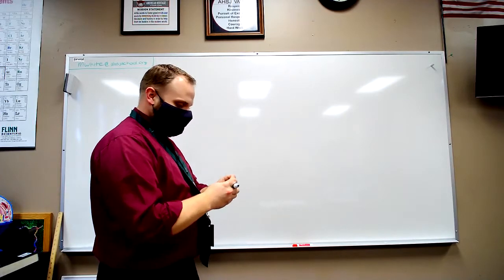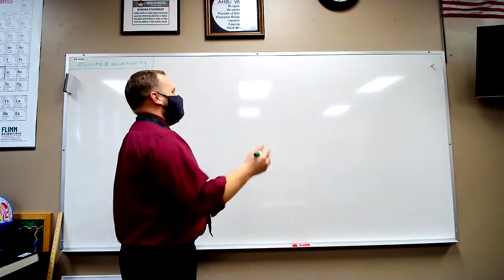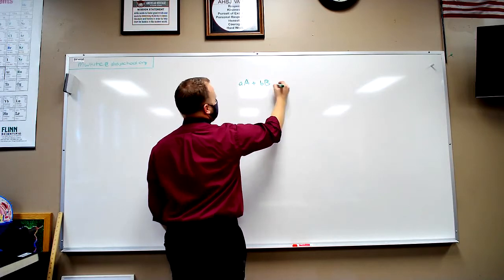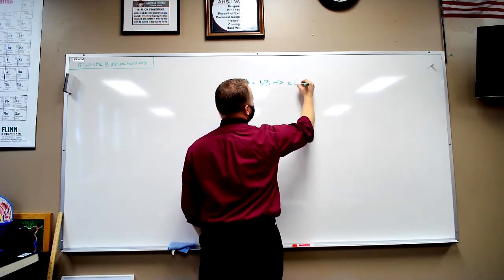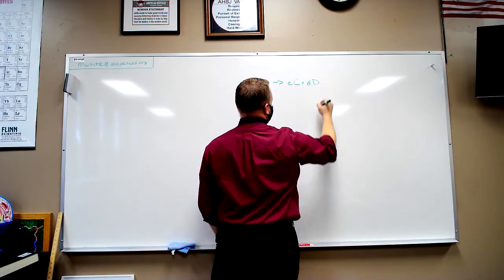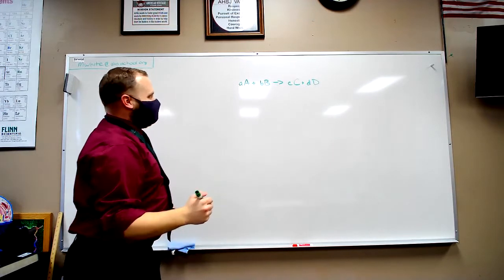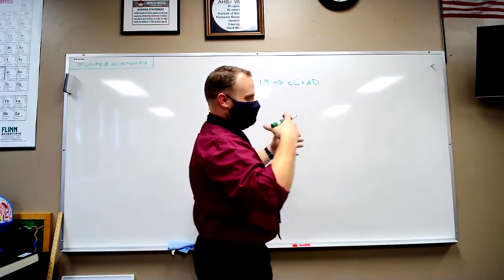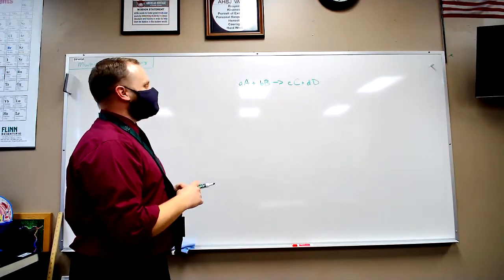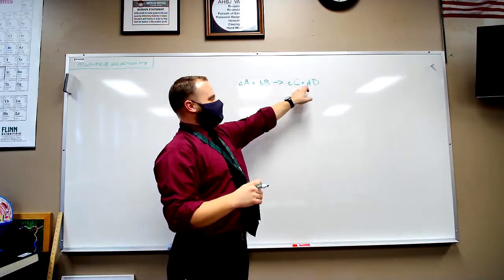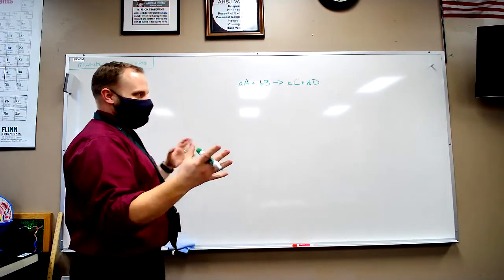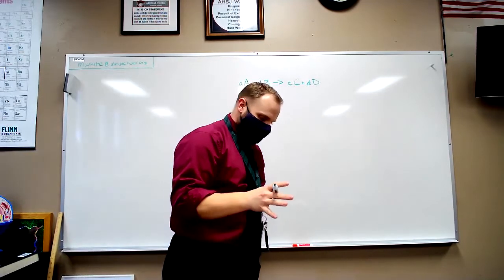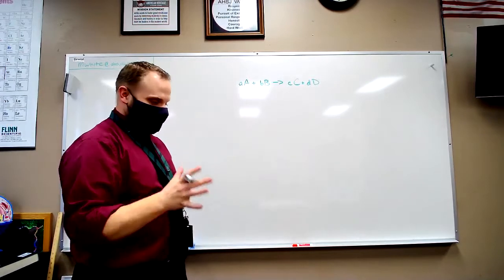So if we take just a generic reaction, once again, the capital letters represent specific elements or compounds, and then the lowercase are the coefficients after you balance. Now, to write an equilibrium constant expression is what we call it.